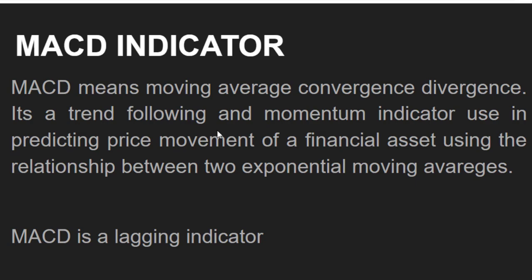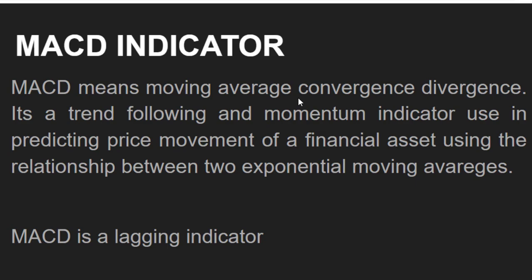So what that means is that the MACD follows the trend. It helps you predict market trend and also helps you know the momentum, so how much buyers and sellers are in that very particular move, either a downtrend or an uptrend.